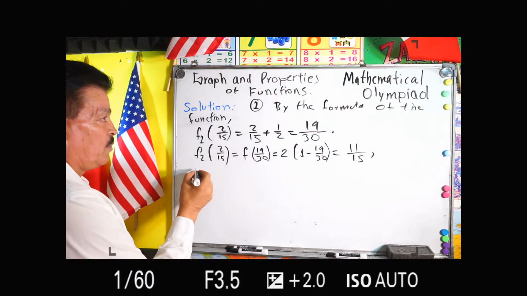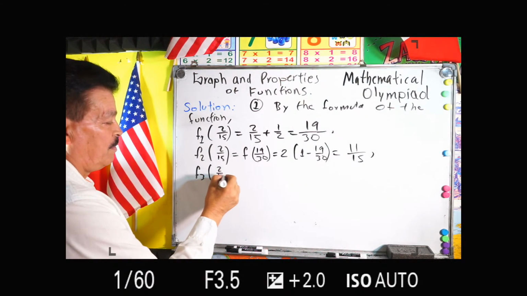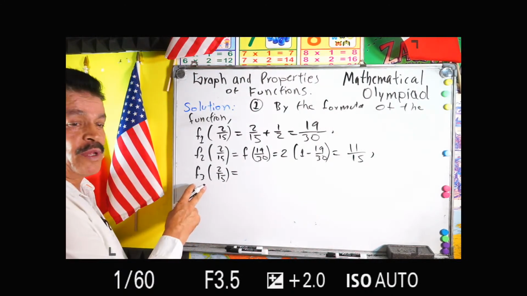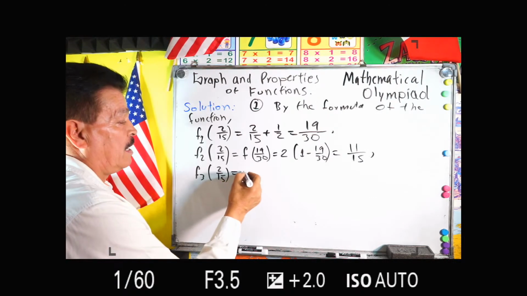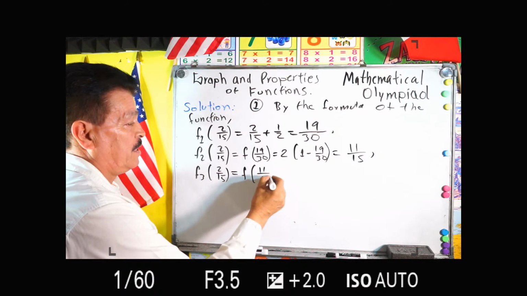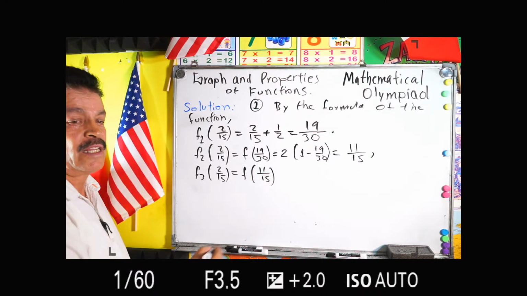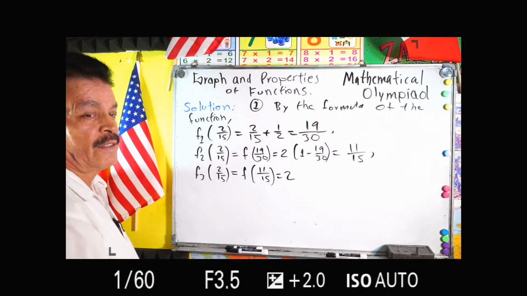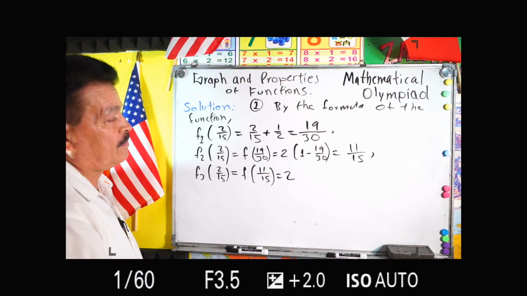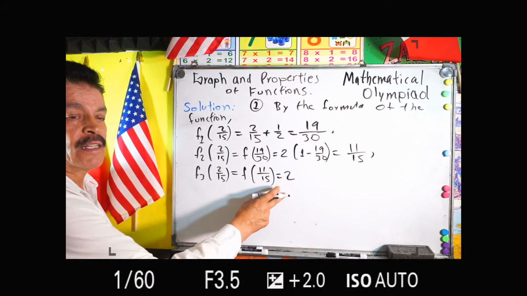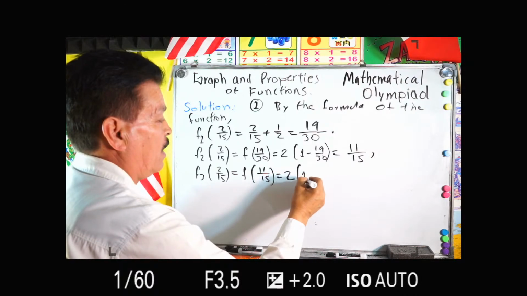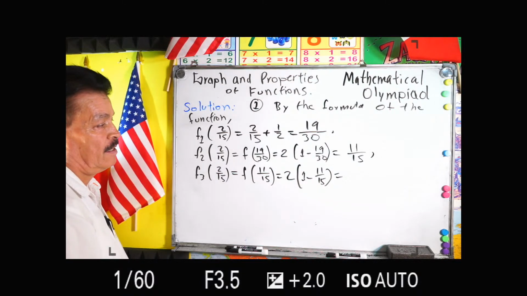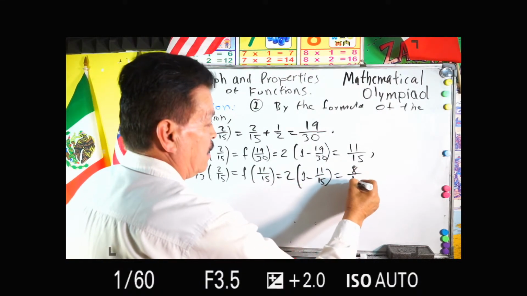Next one is f3 of 2/15. We have to write f of 11/15, which equals 2 times (1 minus 11/15), so this is going to be 8/15.